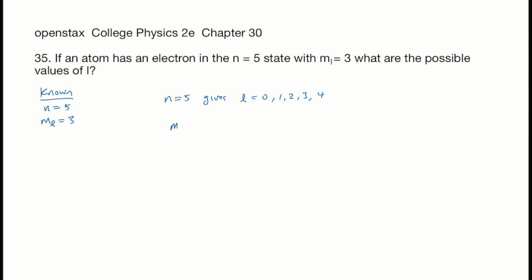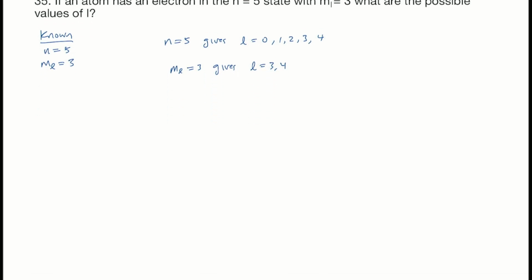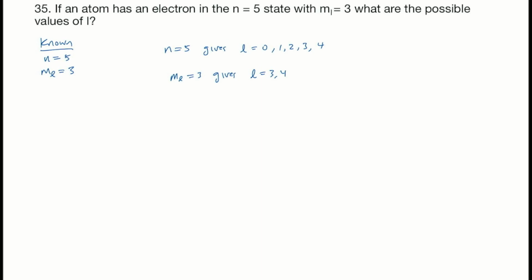And if m sub L is 3, from those values, L can either be 3 or 4. And so that actually ends up being our answer, but let's brute force it a bit.